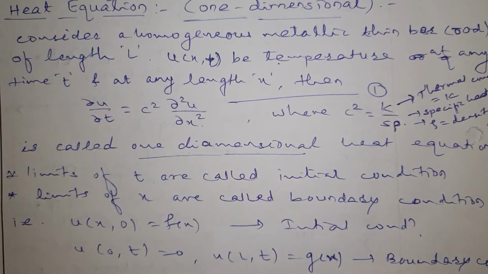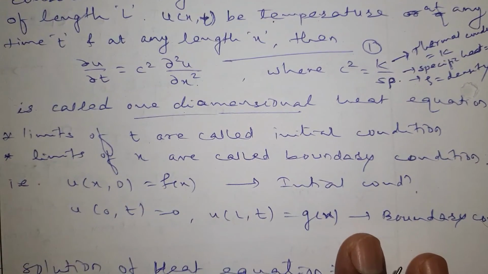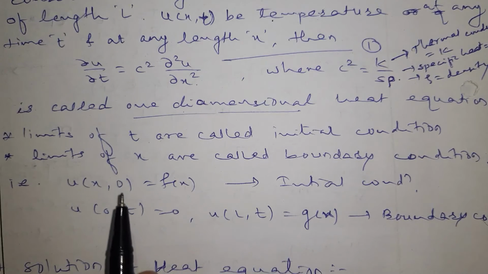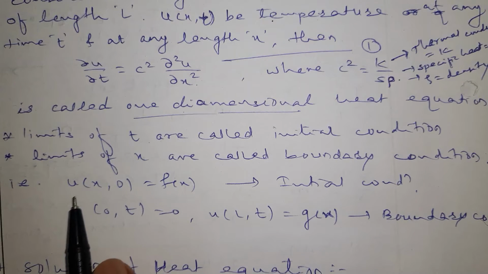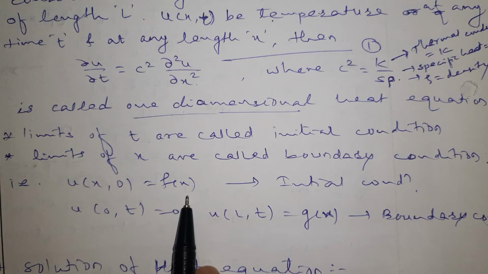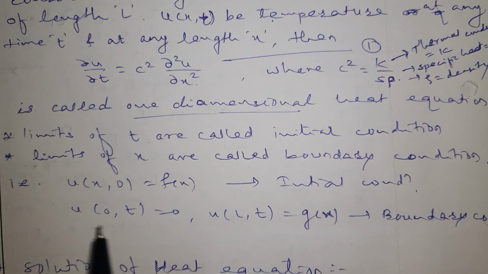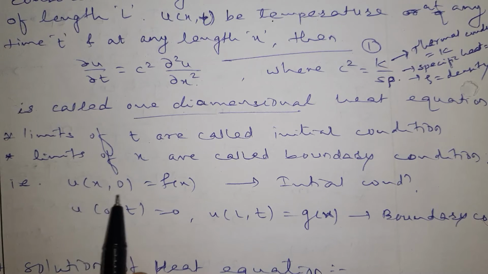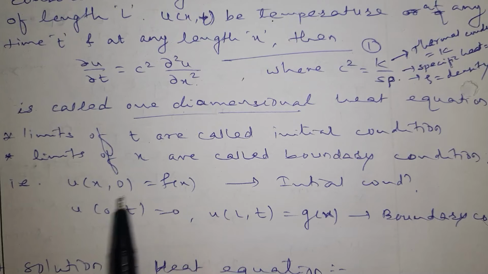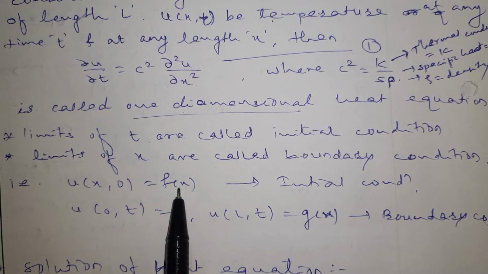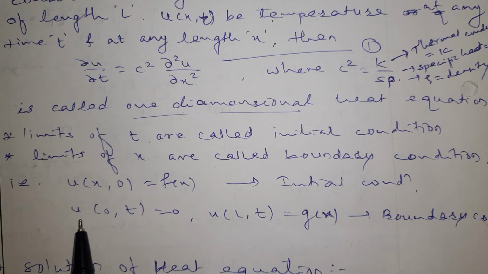Just like, if initially there is some temperature, I have to take at t = 0, u = f(x). This is my initial condition. You just see here, u(x,0) = f(x), means at t = 0 I get f(x). Now the boundary conditions: u(0,t) = 0, what does it indicate?